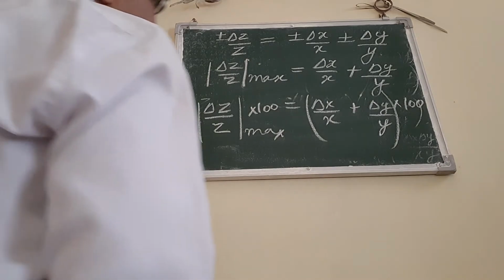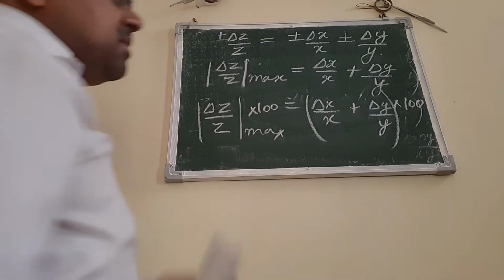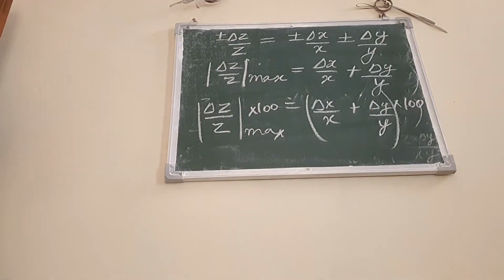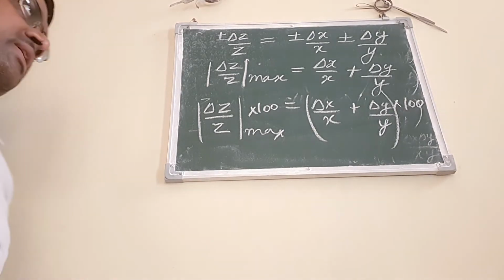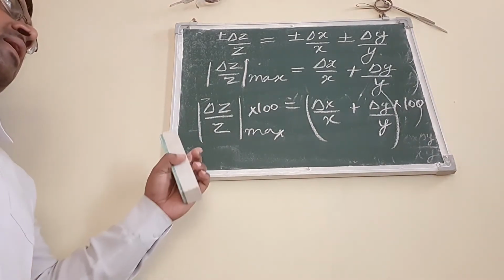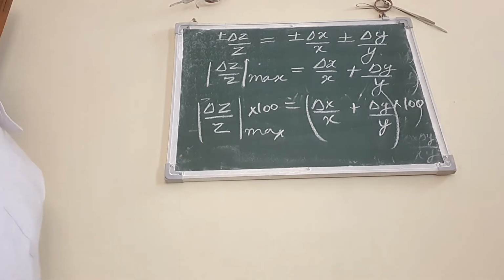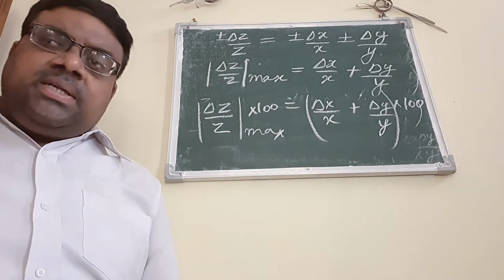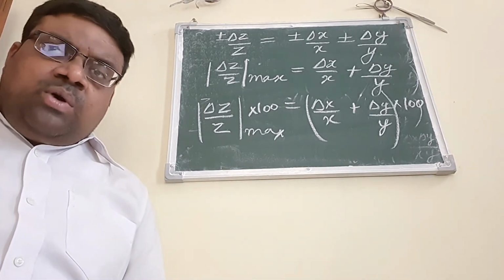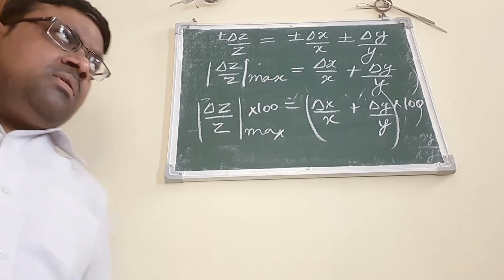So this is our final expression. These are our fractional errors: the errors will be added if the two quantities are multiplied, and here is the percentage error. This is the expression for the percentage error. I think you all might have understood.